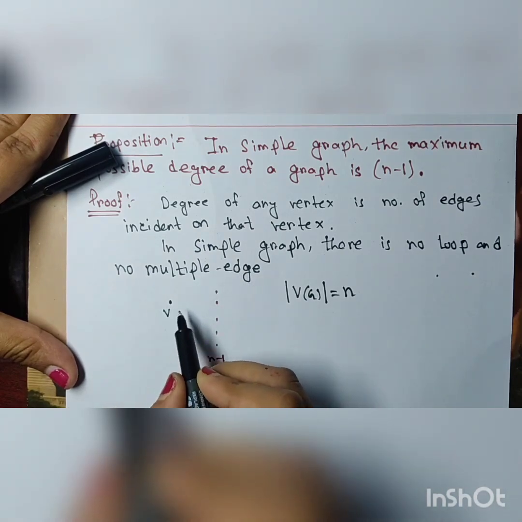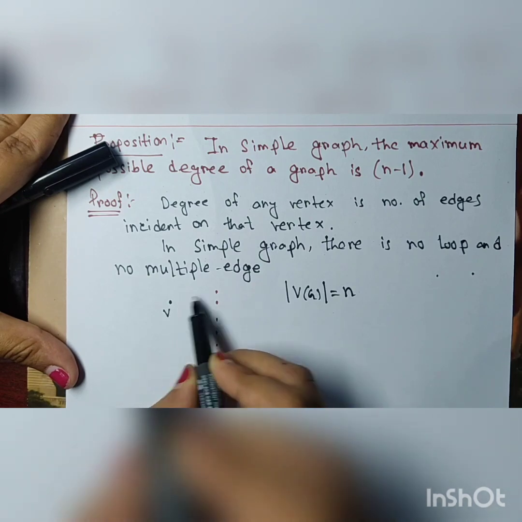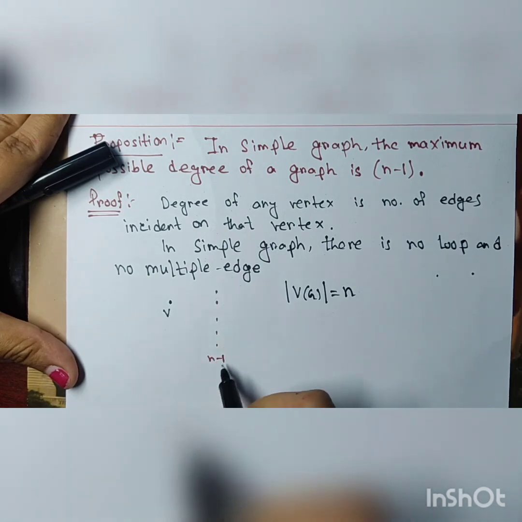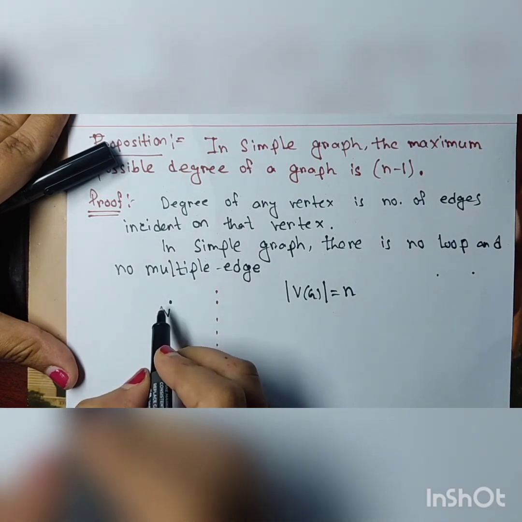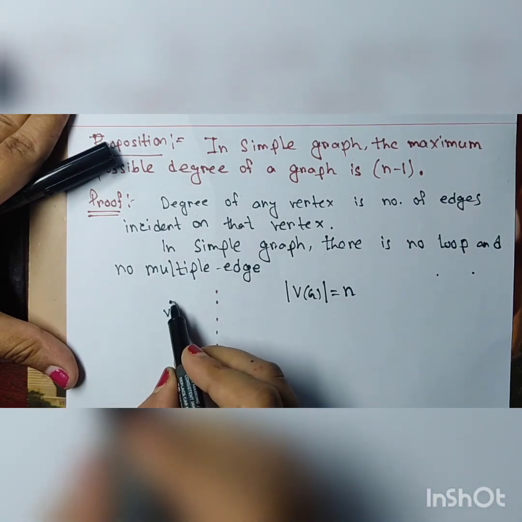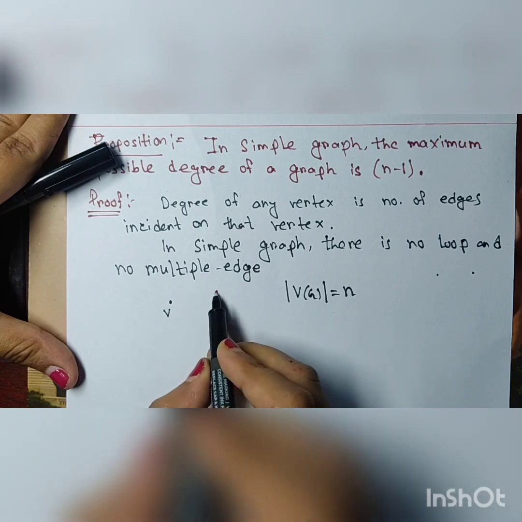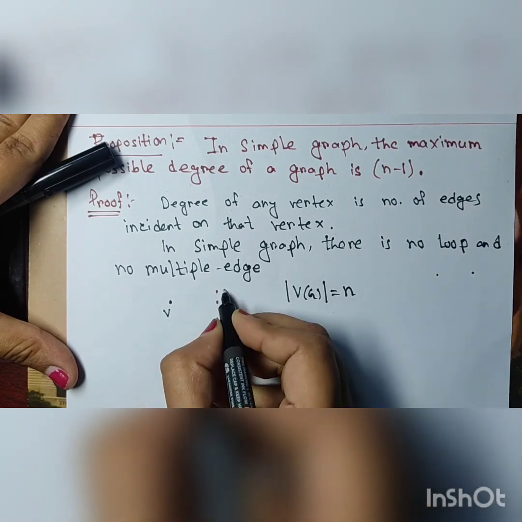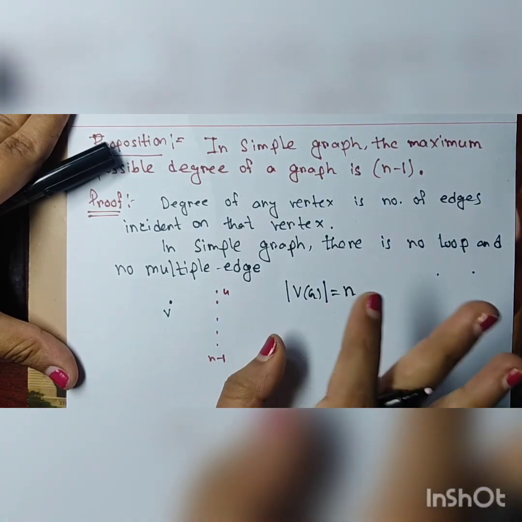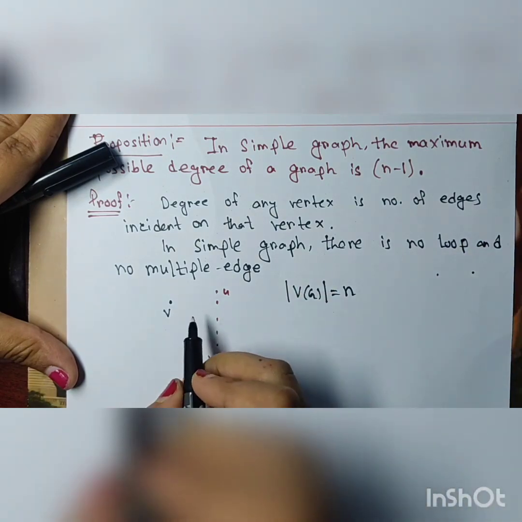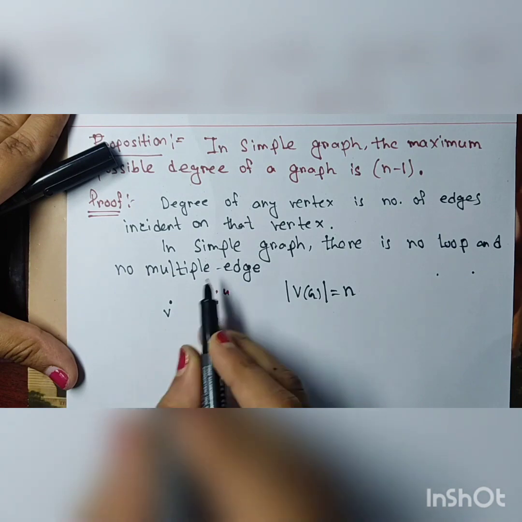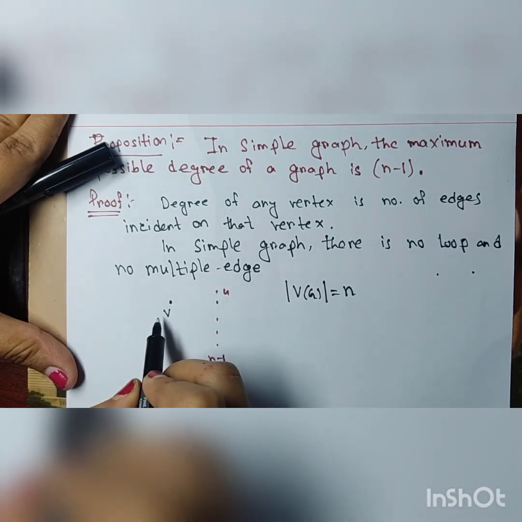And then there can be at most n minus 1 edges incident on v, because there is no loop and also no multiple edge. So v cannot be adjacent with this vertex, say u, by 2 edges. It cannot happen, since this graph is a simple graph. So there can be at most n minus 1 edges incident on v.